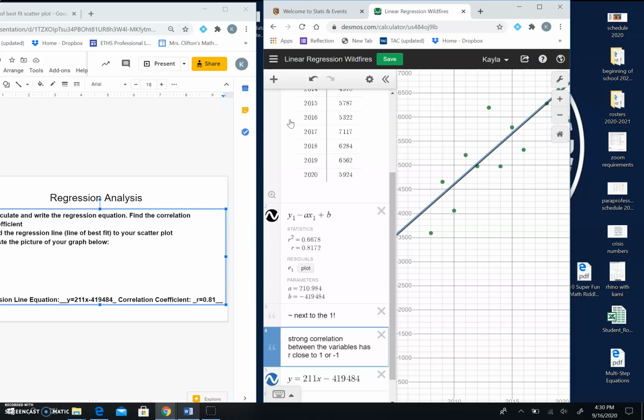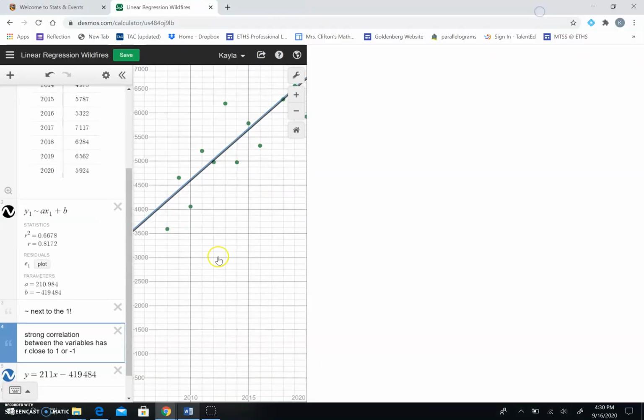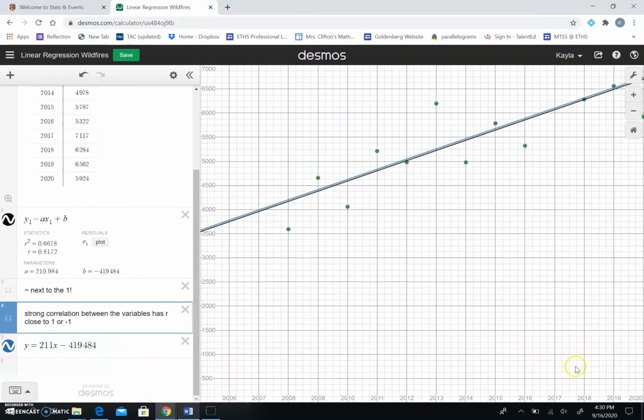Sometimes we have negative slopes, and that could be that the two variables that you're looking at don't both go up at the same time. So mine, I'm assuming that as time goes up, fires are going up as well. Something else that might have a positive correlation would be as time goes up, prices of movie tickets go up, that sort of thing. Sometimes correlation coefficients are negative. That would be as one variable goes up, the other goes down.